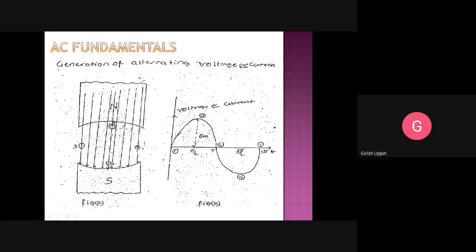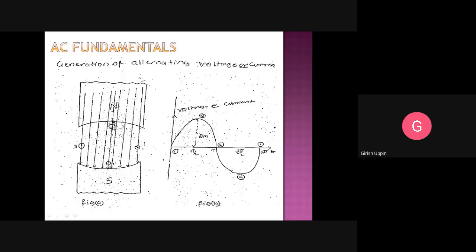So the angle between the direction of motion and the direction of the magnetic flux is 90 degrees. Whenever it is 90 degrees, the flux cut by this conductor is maximum, so the EMF induced in this conductor is also maximum.